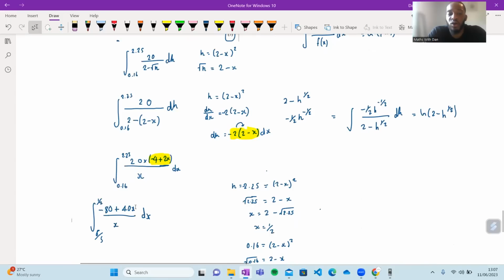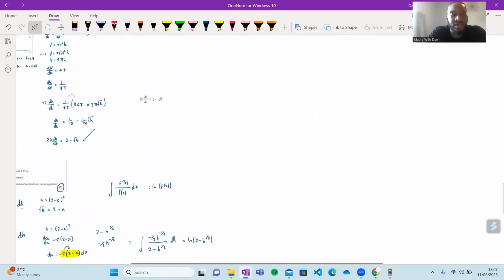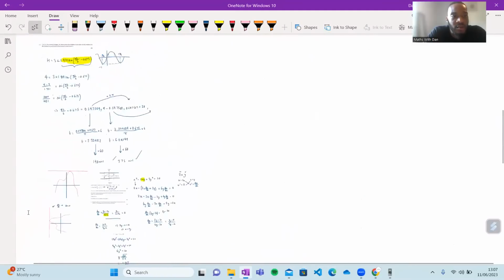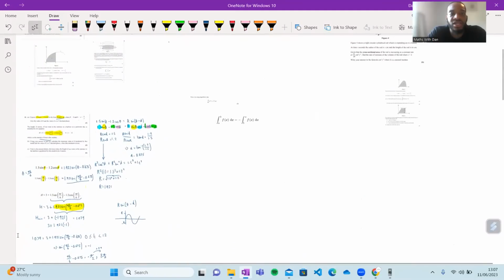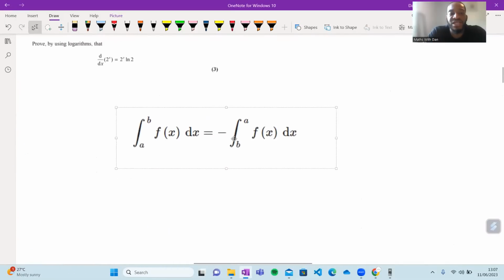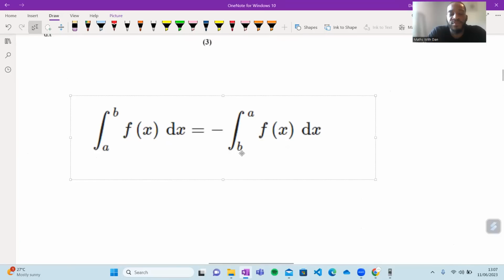This is an old past paper I got this from, but I have it here. There was something I wanted to just show you guys. I can't remember where I put it. Yeah, this here. So it probably won't come up now, but if you ever see stuff like that, don't be confused or anything. It will be the exact same thing as if you were to take the minus sign off and just reverse the limits. So just have that in mind.